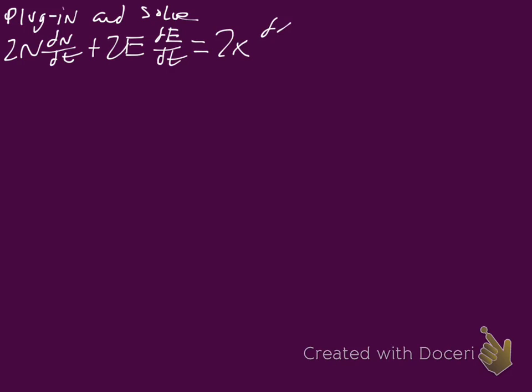2x dx/dt. Okay, and then 2n. So now it's just a lot of algebra, which should be really fun. So 20 miles an hour, right?